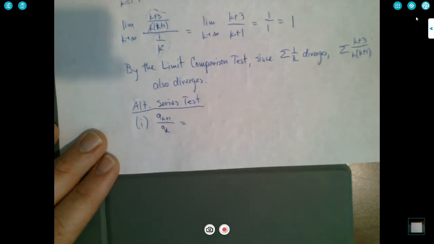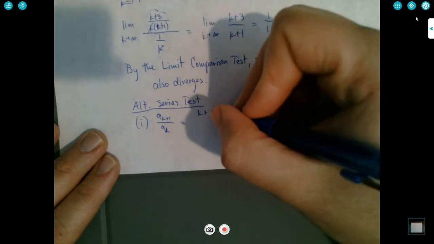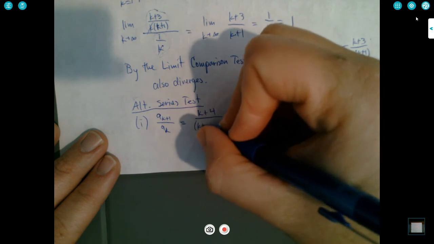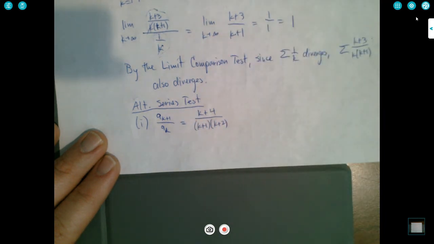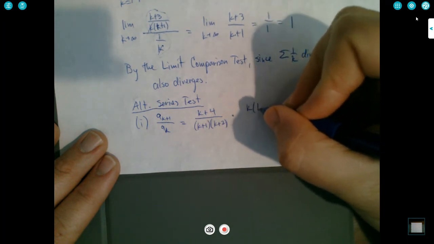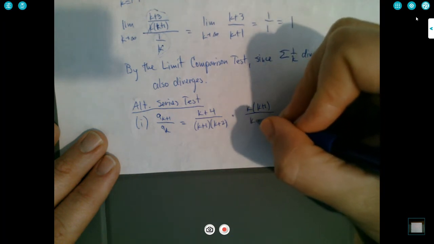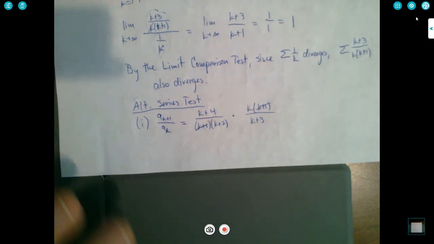equals k plus 4 over k plus 1 times k plus 2, times k plus 1 over k plus 3. Well, maybe this is not as nice as I was thinking. We do get some cancellation.